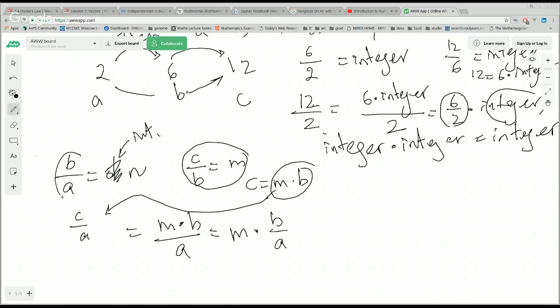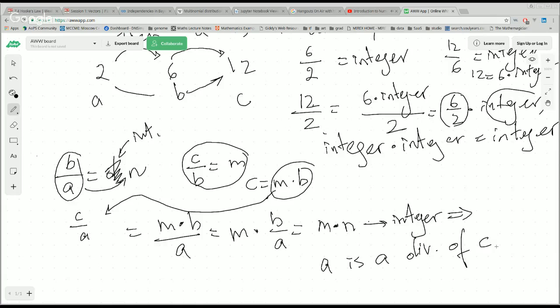Because I know that B over A is an integer. I was told that A is a divisor of B. So I can replace this B over A with this n, and I get m times n, both of which are integers. So the result is an integer, implying that A is a divisor of C. And we're done. Okay, A is a divisor of C.